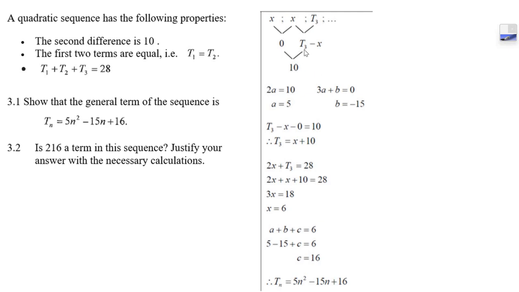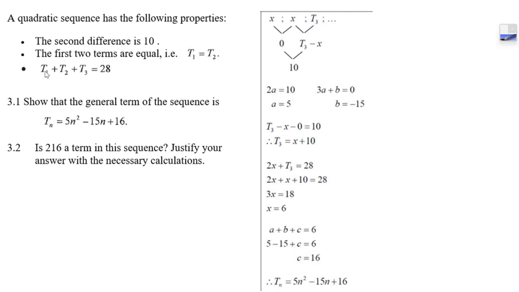Now, if you go T3 minus x and you subtract 0, it should equal 10. So we've got a way of looking at T3 minus x minus 0. That gives you 10. Well, now we've got a way of expressing T3, which is T3 is really x plus 10. But hang on a sec.